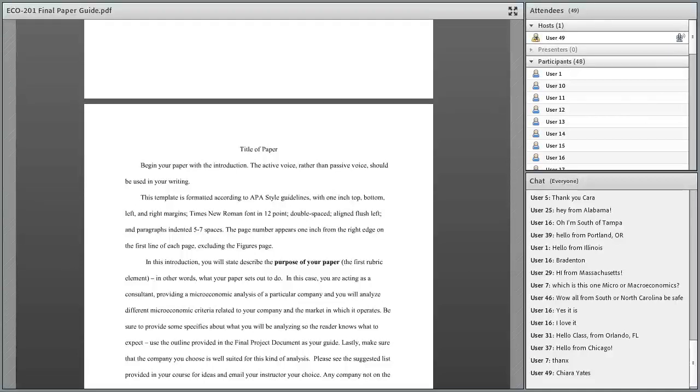To begin your paper, you want to use an active voice, not a passive voice. So you can use the I. You're pretending to be basically an economic consultant for the firm. And you will explain in your introduction why you're researching the firm, what the purpose of your research is going to be throughout the course, and how your research will inform your conclusions.